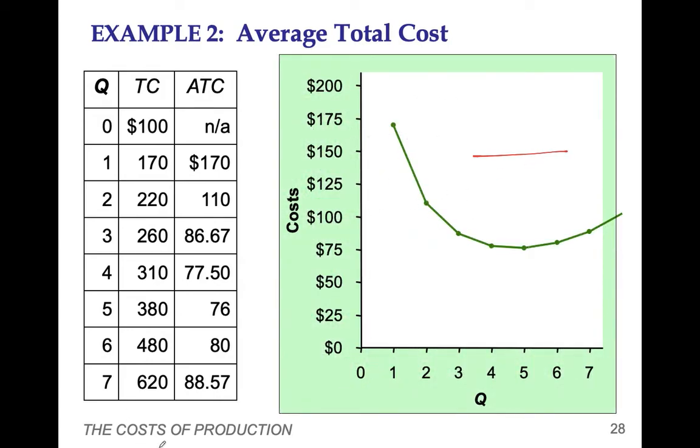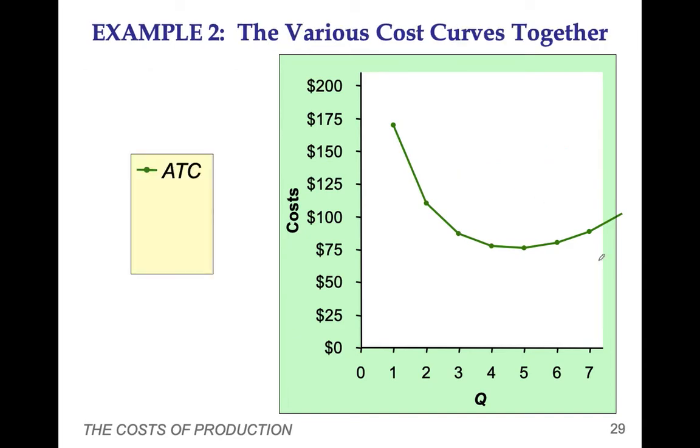Okay, so in this plane we draw the average total cost curve, and as you see, it is U-shaped. Here the green curve represents the average total cost.